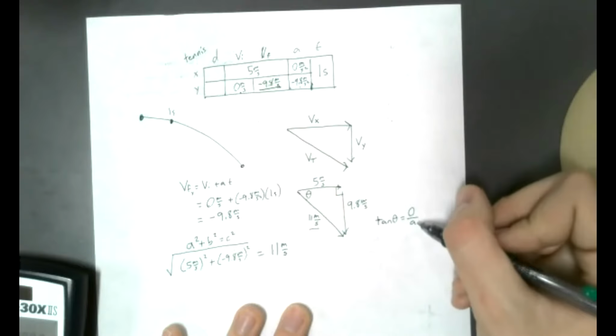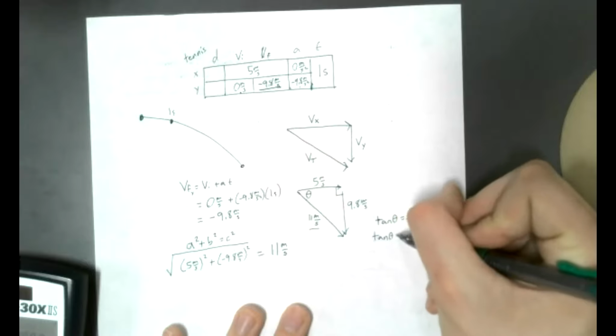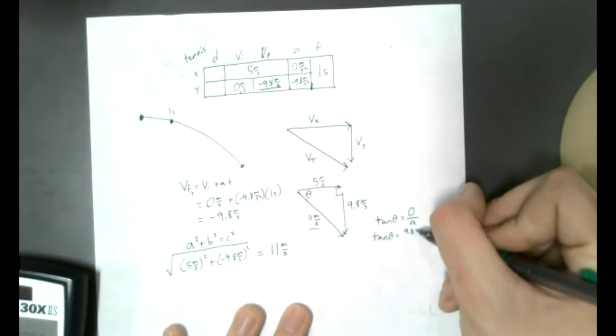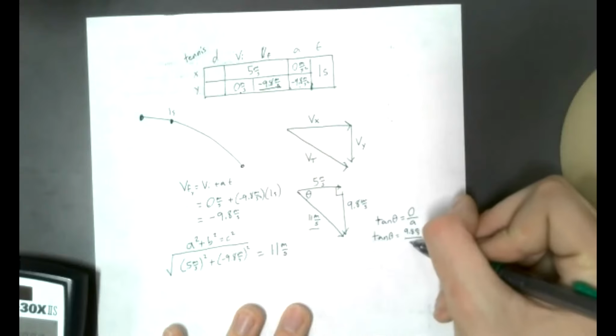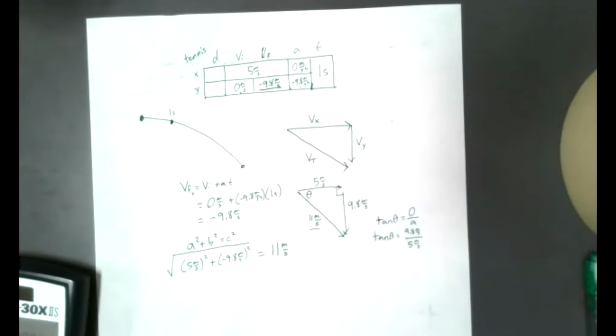So tangent's opposite over adjacent. So tangent of theta is equal to the opposite side of my angle, which is 9.8, divided by 5 meters per second, which is my adjacent side to my angle.